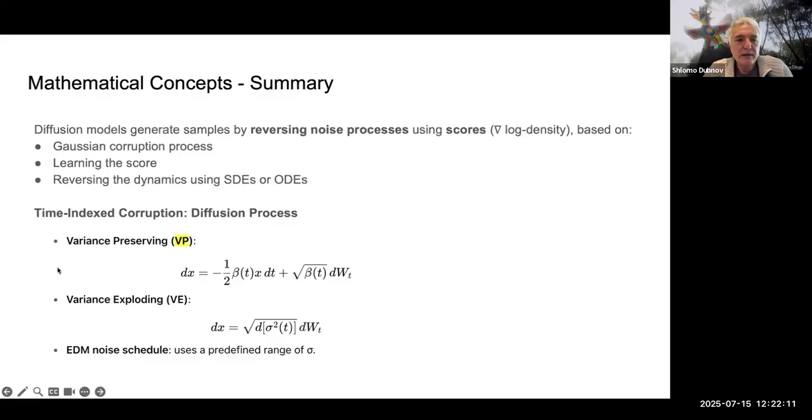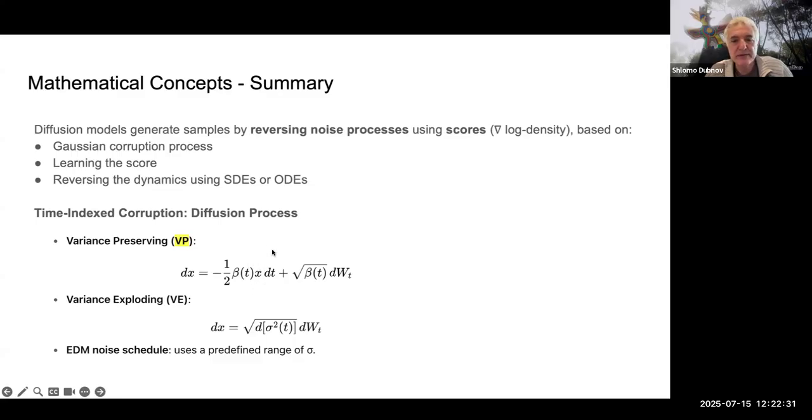So what are these variance preserving and variance exploding models? They all follow the same SDE framework, where the variance exploding is really the more intuitive, just adding diffusion at every step. So we don't have any of the original data.